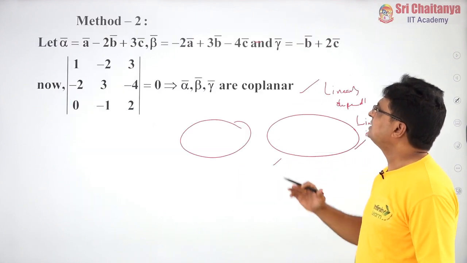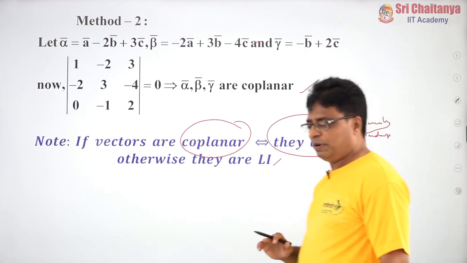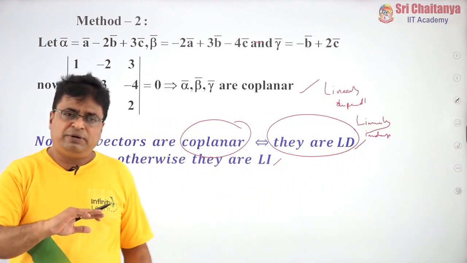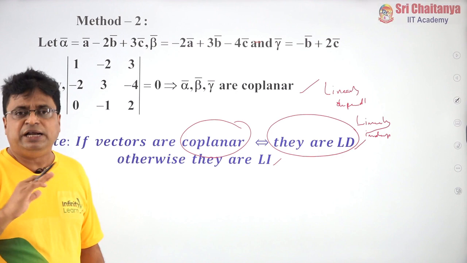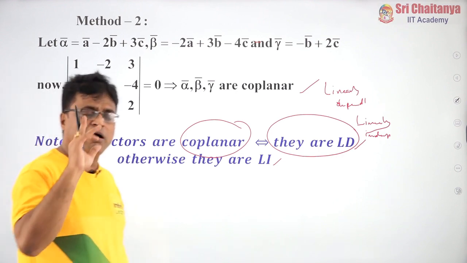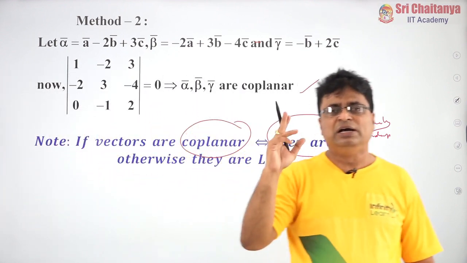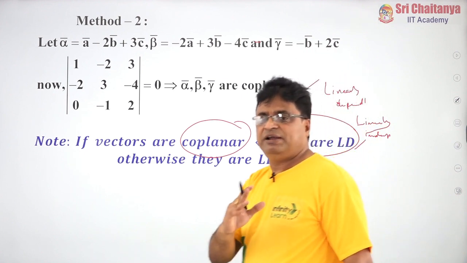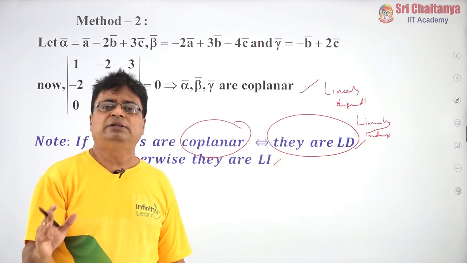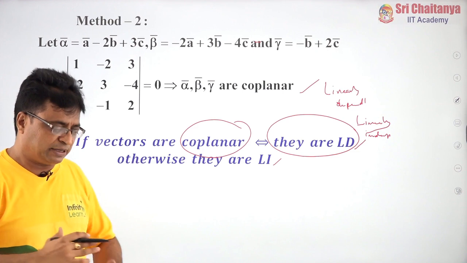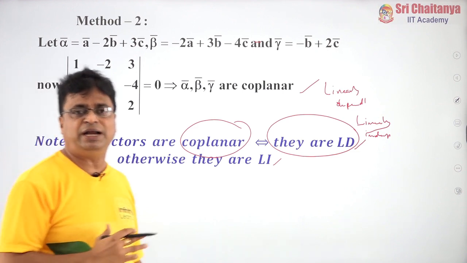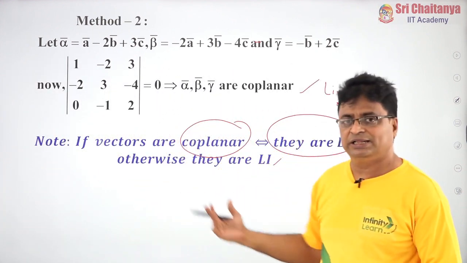Okay, my friends? This is about collinearity and coplanarity and the relation between coplanar and linearly dependent and linearly independent. Coplanar vectors are always linearly dependent, and if vectors are not linearly dependent, then they are called linearly independent. But problems exclusively based on linearly independent and dependent, we will concentrate on in the next lessons.